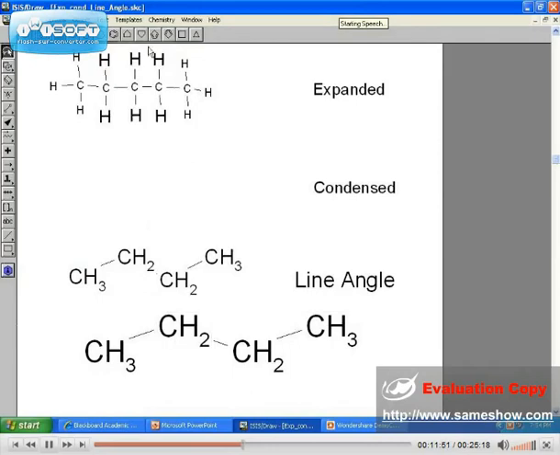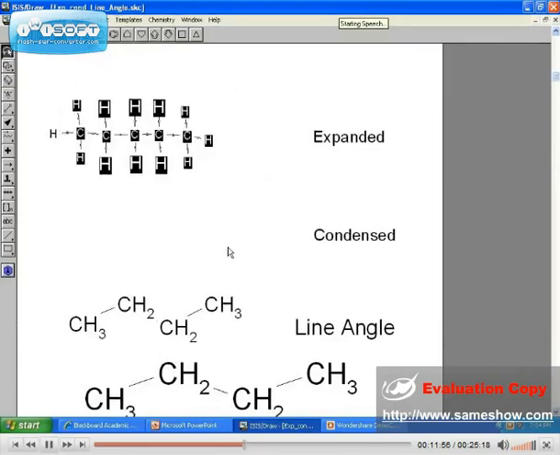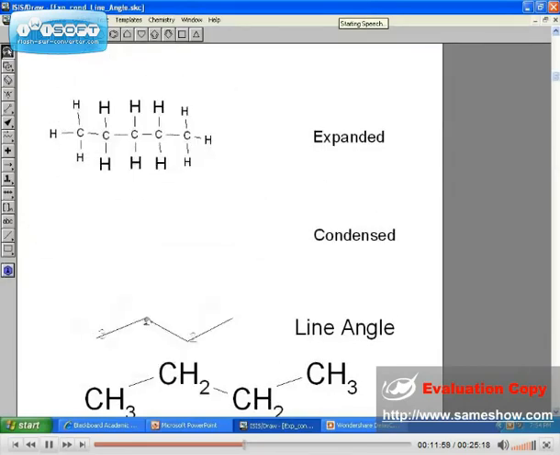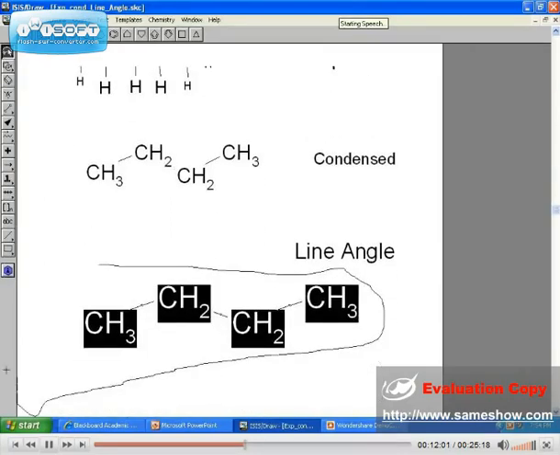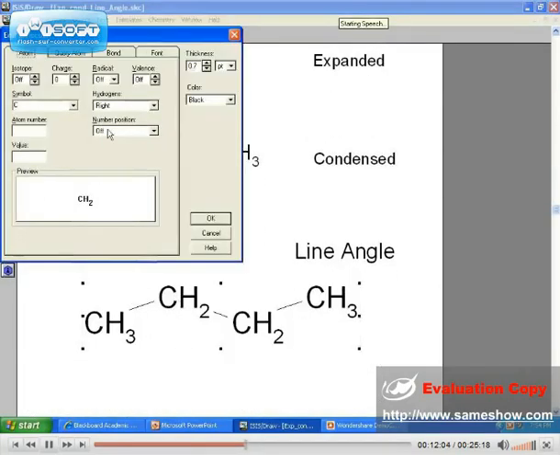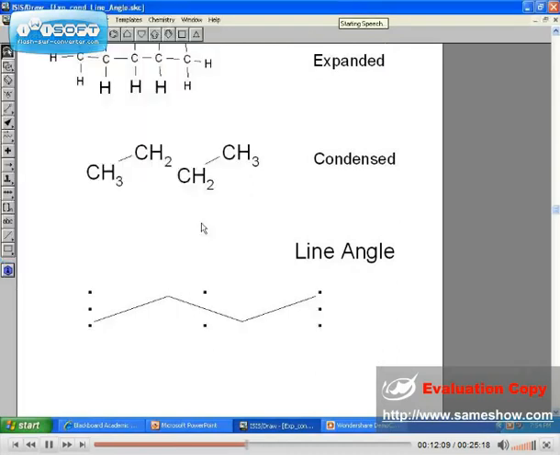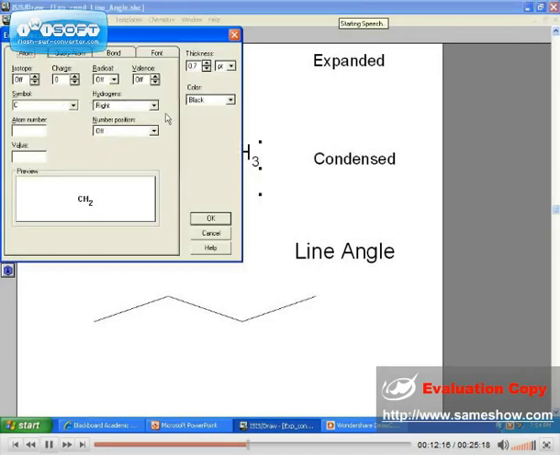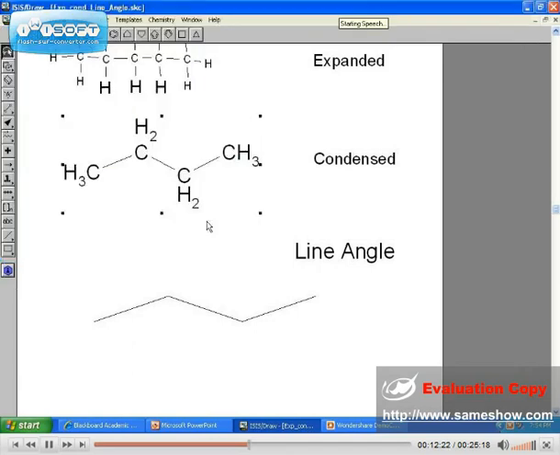Okay, so you'll be responsible for drawing the same molecule in both the expanded form and the condensed form, and in the line angle form, and I'll turn it back into line angle right now. I do want to point out, if you're writing the condensed form, technically we allow a lot of leeway of where you can put it. The program, for example, auto-positions it so you have direct line of sight with the bonds.